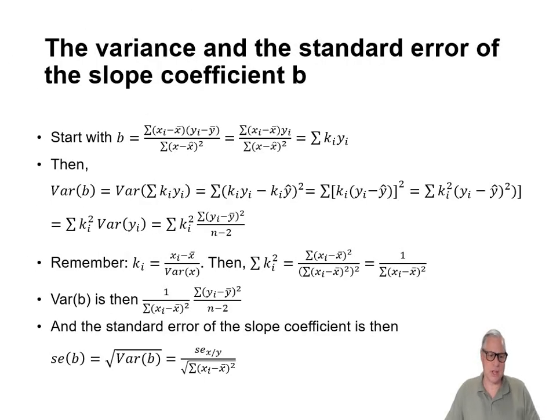So now we can stop here, and what we do next is we go back to the example with which we started the lecture, and let's calculate everything we already know how to calculate, like the intercept, the slope, the standard error of the regression, the standard error of the slope coefficient, and the standard error of the intercept.